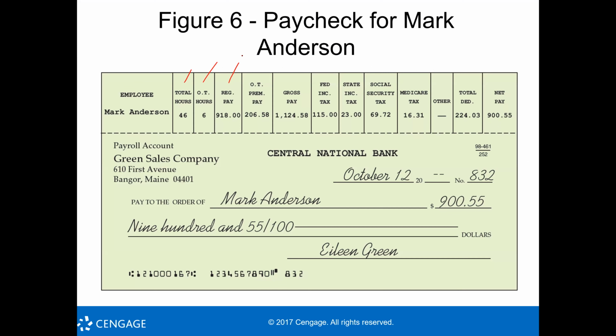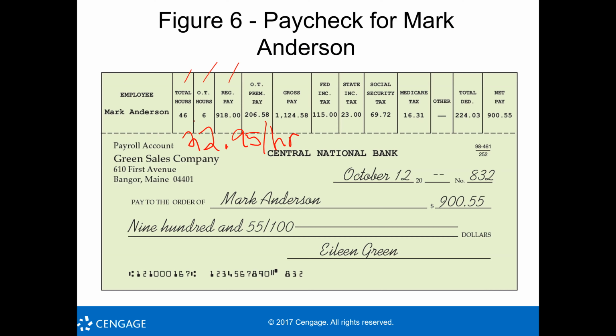It doesn't show us the hourly rate, but we can figure it out quickly: regular pay of 918 divided by 40 is 22.95 per hour. So regular pay is 40 hours times 22.95 an hour. Overtime premium is for the time and a half.